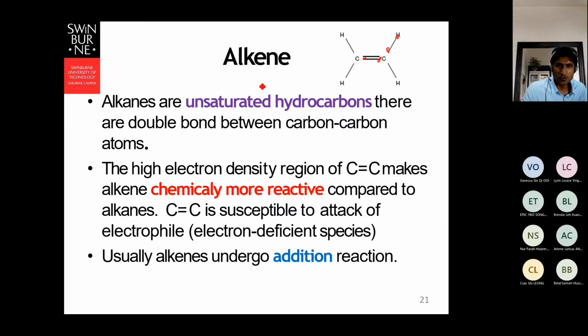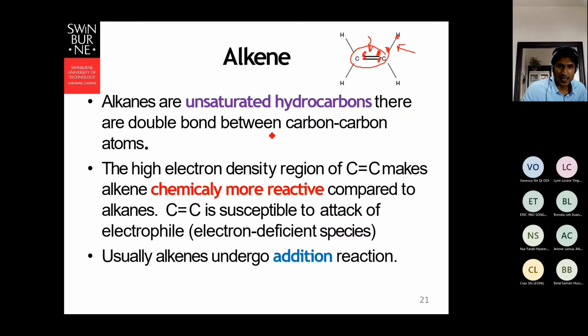Carbon-carbon double bond means there are 4 electrons involved, whereas there are only 2 electrons here, so the electron density for this carbon-carbon becomes too high.